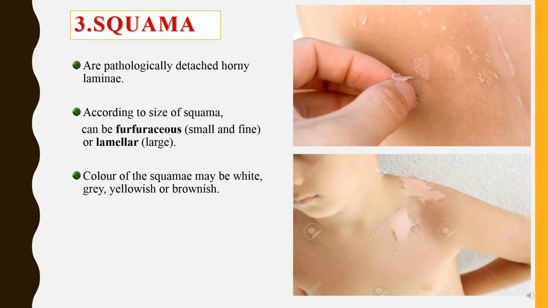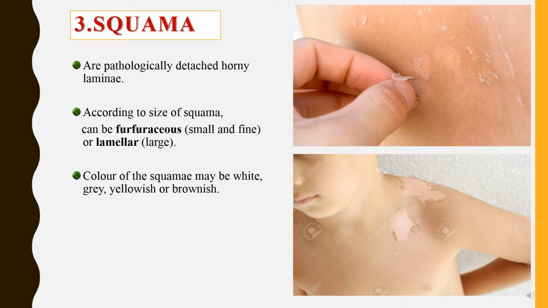The next secondary morphological lesion is called squama, which are detached horny lamina. These lamina are removed by washing and rubbing of the skin. They are seen in some pathological conditions, and they are characterized by abnormal desquamation. The color of the scales may be white, green, yellowish, or brownish.